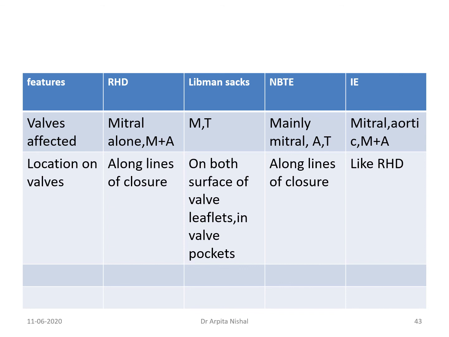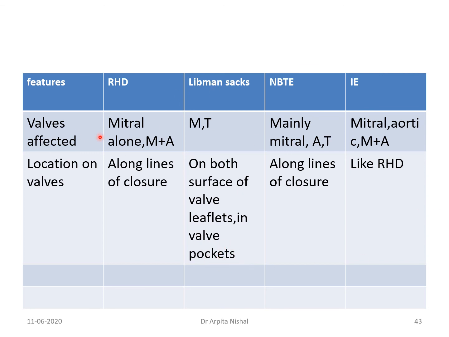So distinguishing features of all the 4 depend on 2-3 things. One is the location on the valves: rheumatic, Libman-Sacks, non-bacterial and infective endocarditis. This is along lines of closure. This is along lines of closure. This is also along lines of closure. Only Libman-Sacks is seen on both surfaces of the valve leaflets in valve pockets.